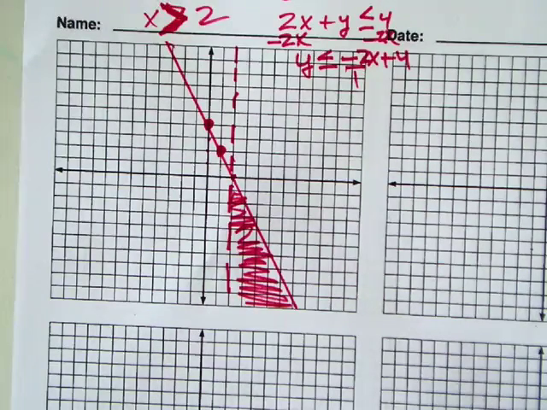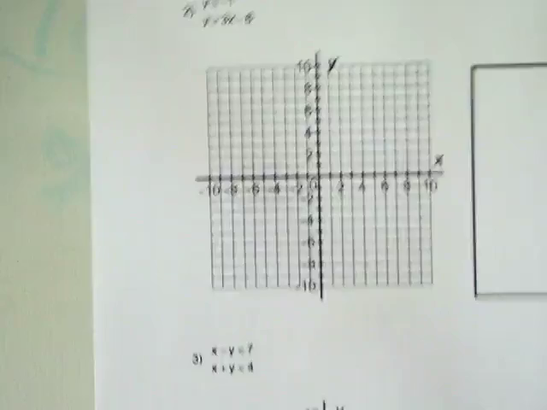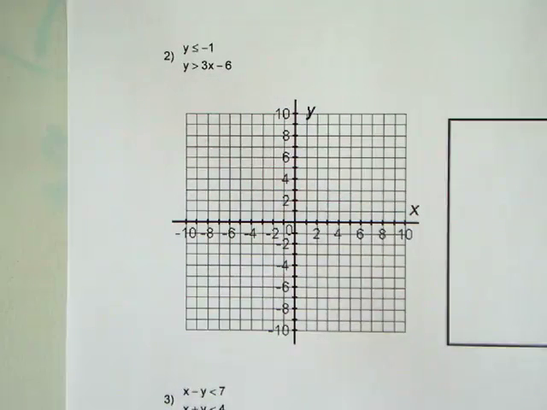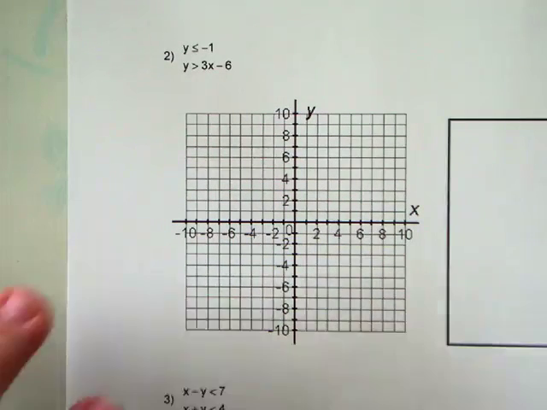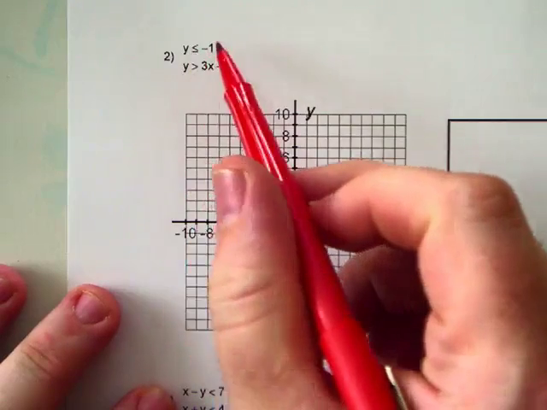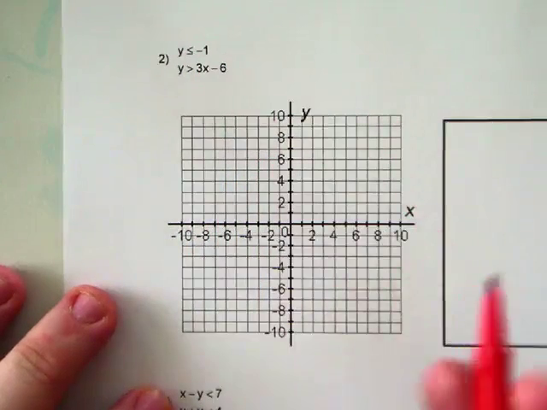If we look at number 2, I'll do this one right on here. They're both set up in the y equals mx plus b form. This one is just telling us that y is everything less than or equal to negative 1.